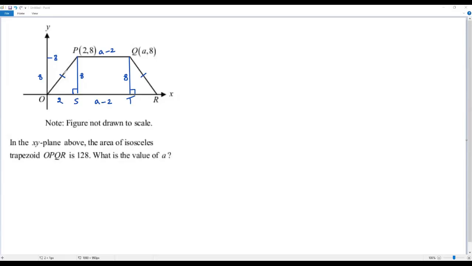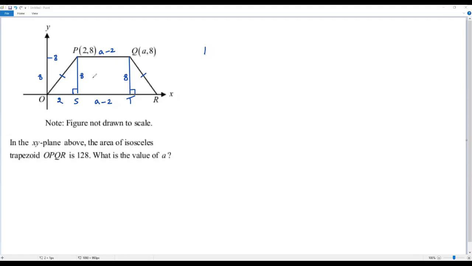Okay, here the hypotenuse and leg of this right triangle are equal to the hypotenuse and this leg of this right triangle RQT. If the hypotenuse and the length of one of the legs of one right triangle are equal to the hypotenuse and the length of one of the legs of the other right triangle, then the two right triangles are congruent by the hypotenuse-leg theorem, or HL theorem.